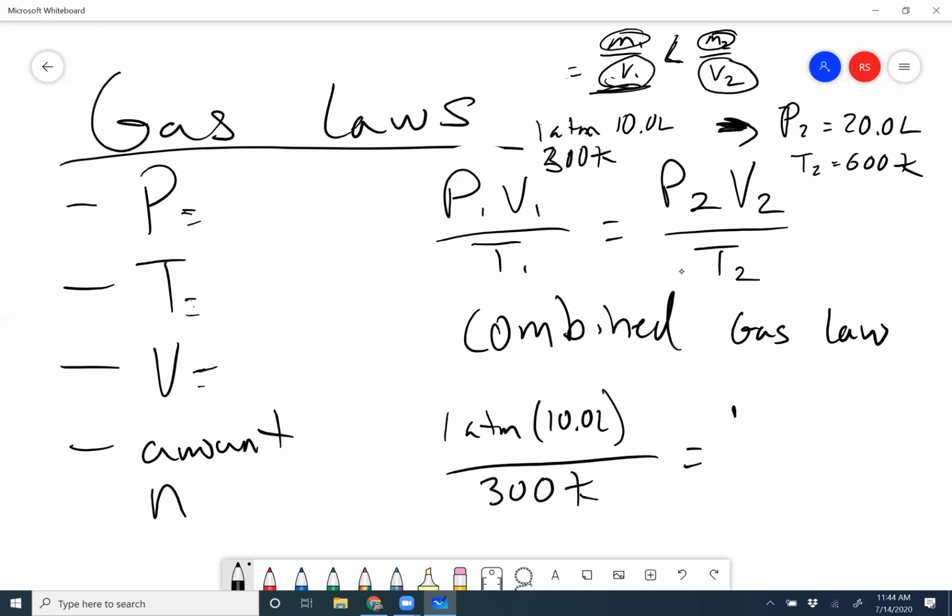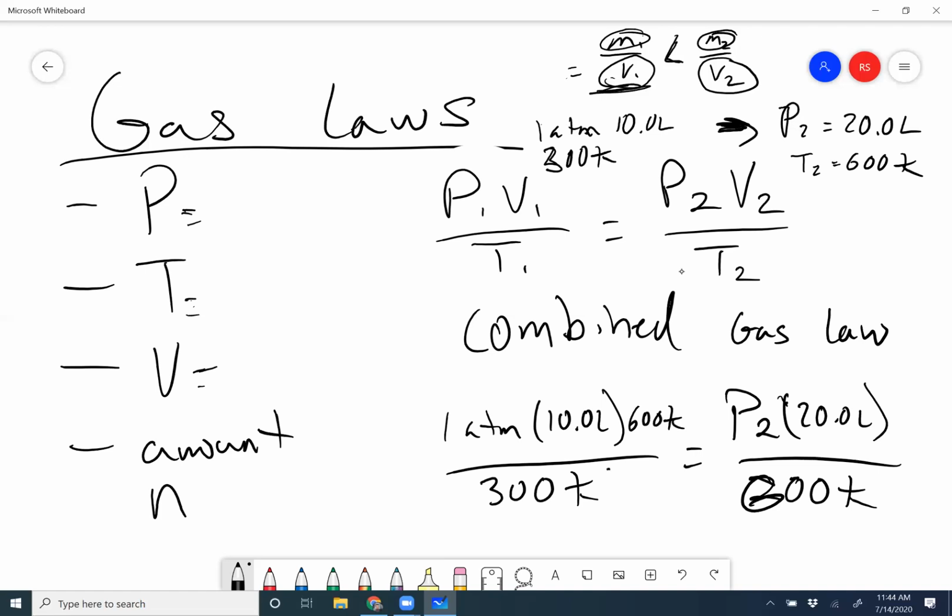Now we can solve for pressure 2. We can put the 600 right here, and we can put the 20 down here. And these will cancel out because we switched them. And so now we can solve for this problem.